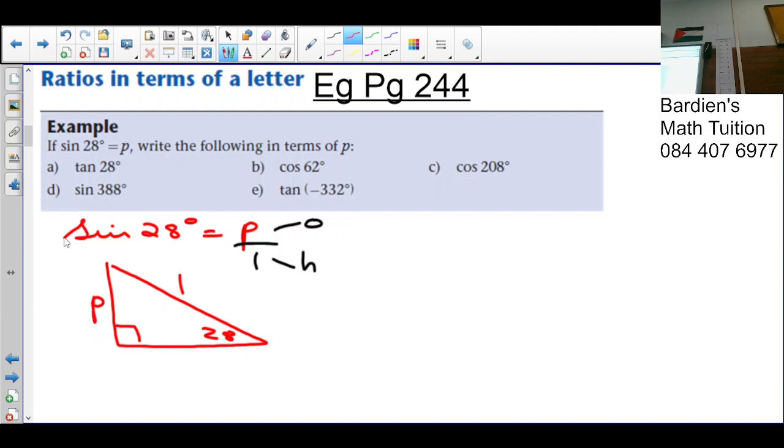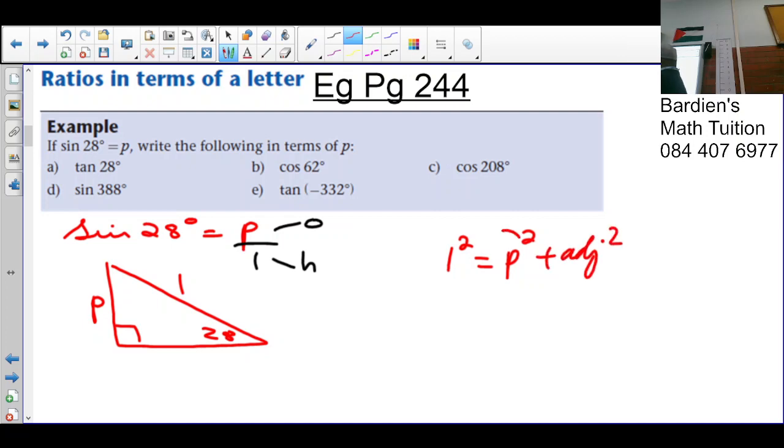Right, so what's the answer for the adjacent side? 1 minus P, you all agree with that? It's wrong. It's 1 minus P squared. So how do we get that? Hypotenuse squared is equal to the sum of the other two sides squared.